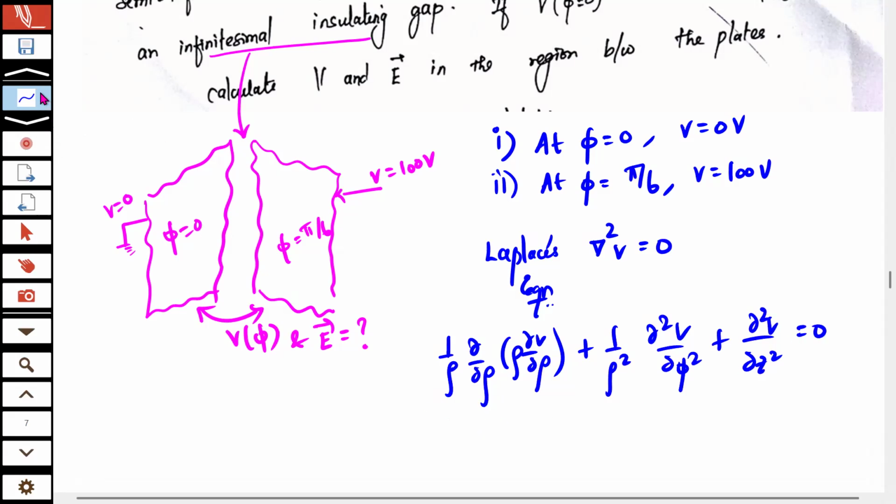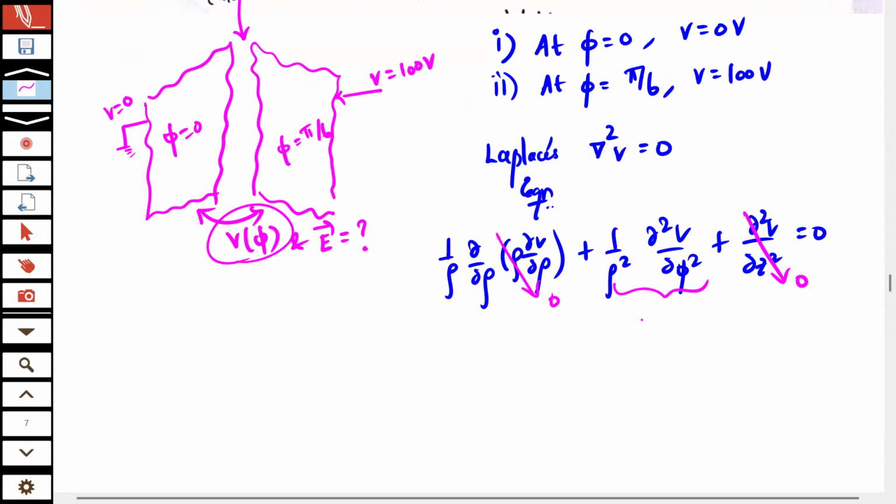Now, in this case, potential is a function of angle phi. So differentiation with respect to rho and Z will be made 0. Only this term is left. So we will be getting 1 by rho square, d square V by d phi square equals 0.